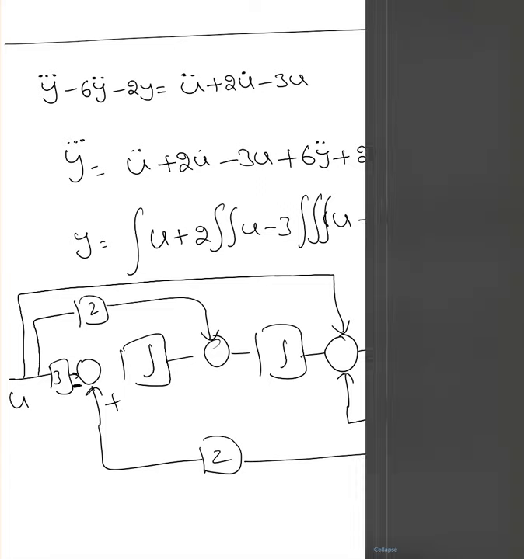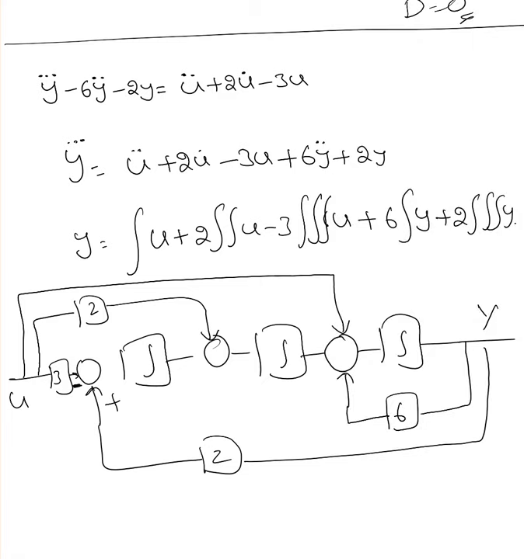Okay, this is a complete simulation diagram. Now I'm going to define the state variables x1 dot, x2 dot, x3 dot.